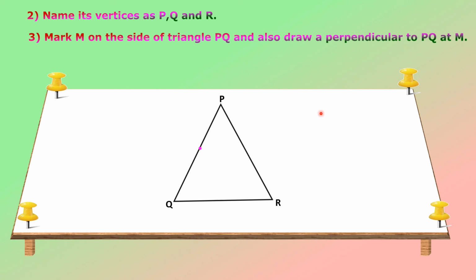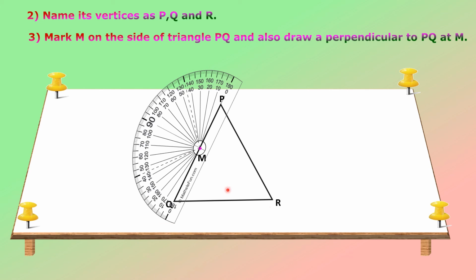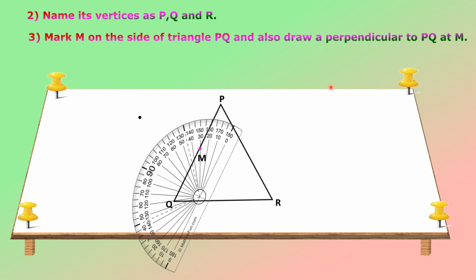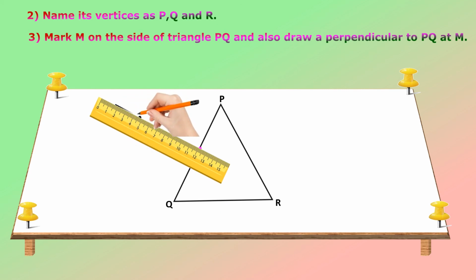This is the point M I have marked. Then I will draw the normal, that is perpendicular to PQ at M. Draw the normal like this.